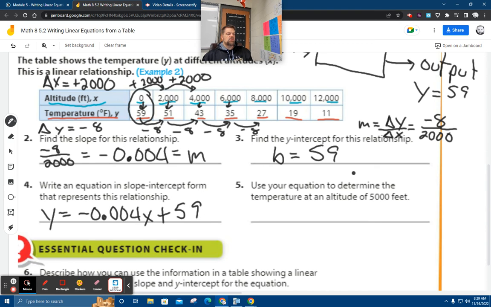It says use your equation to determine the temperature at an altitude of 5,000 feet. So that means they want us to plug in x equals 5,000. I'm going to plug that in as an input into my machine.